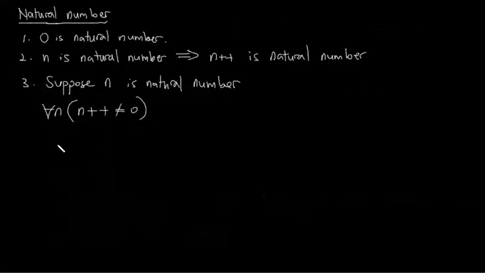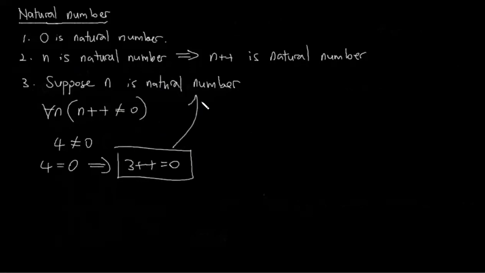So how do we prove that 4 is not equal to 0? To prove this statement, we need to assume the opposite. Assuming 4 equals 0, this implies that 3++ equals 0. From the third axiom, we know that any successor of a natural number is not equal to 0, but the successor of 3 is equal to 0.